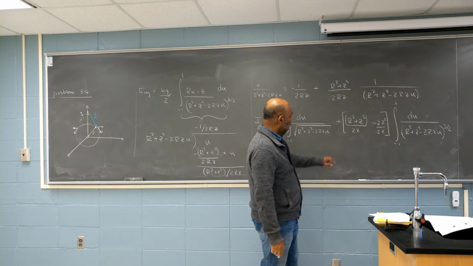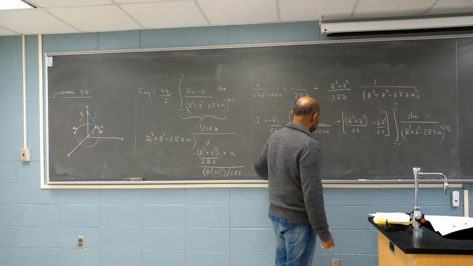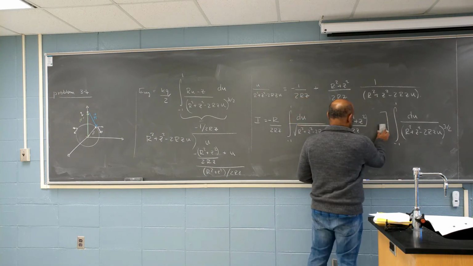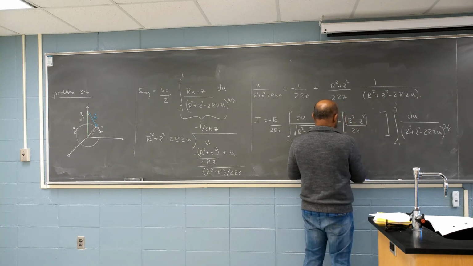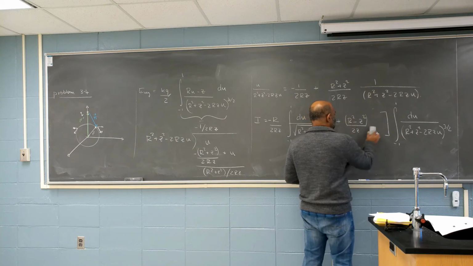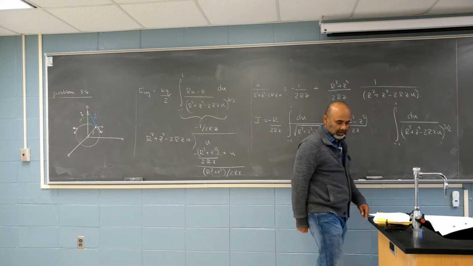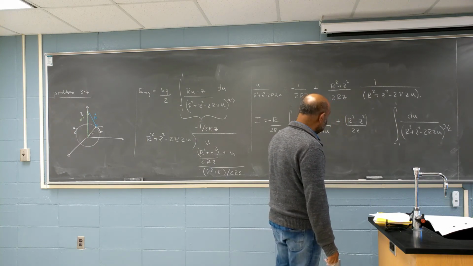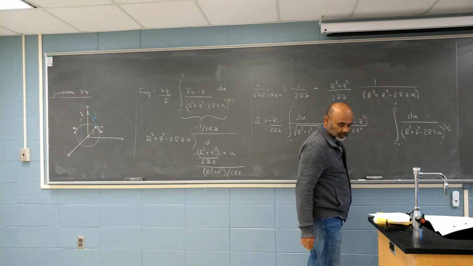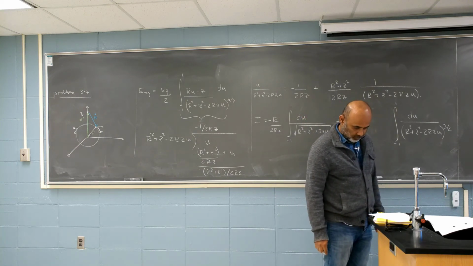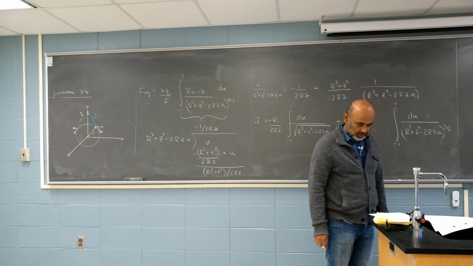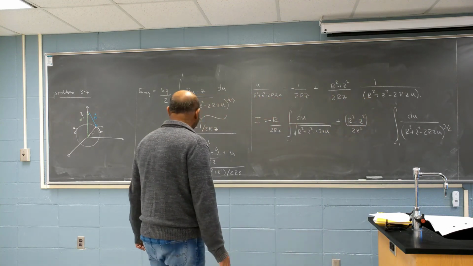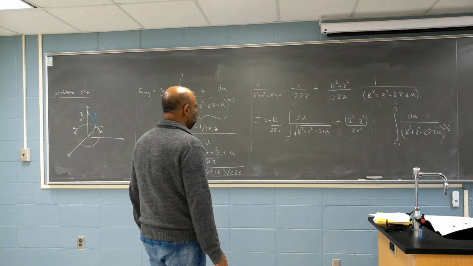Yeah? Z squared minus 2z squared. Squared. Was it?